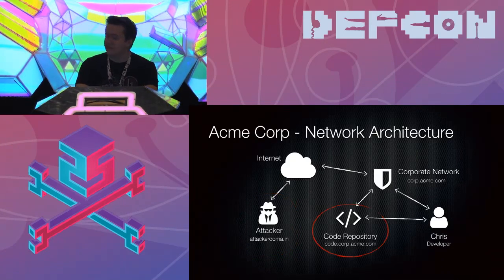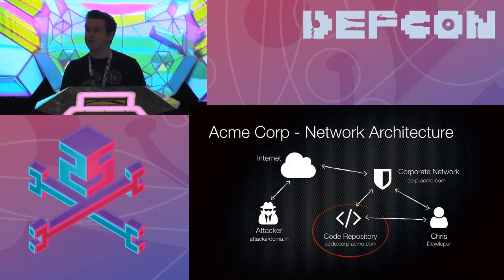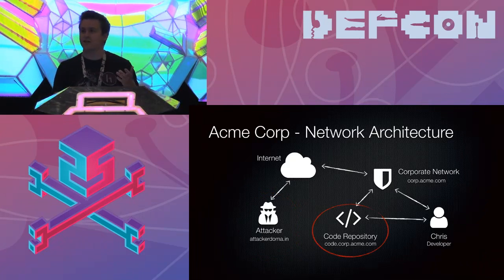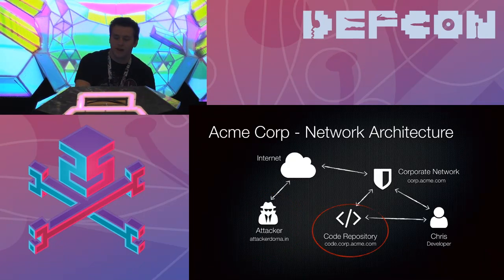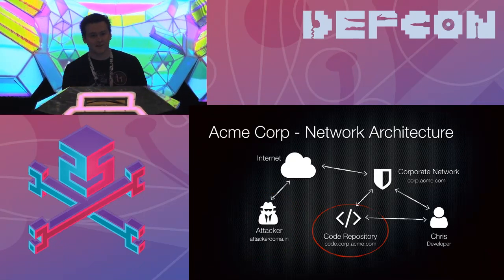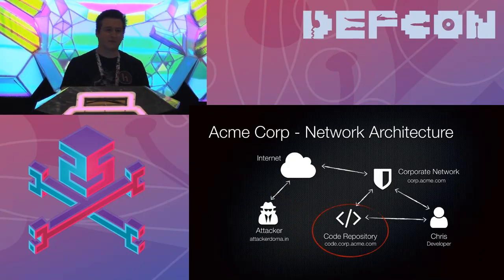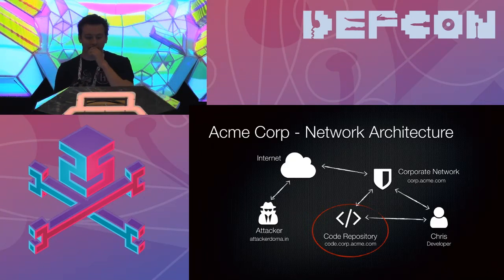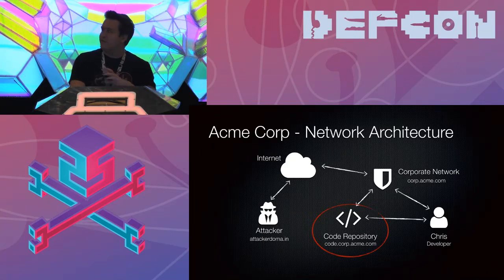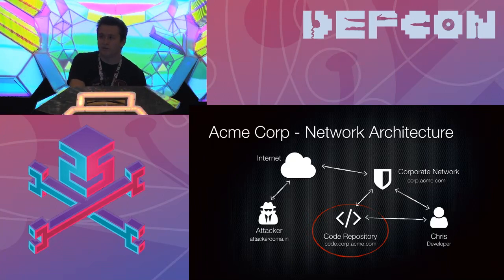For the sake of simplicity, we're going to assume that code.corp.acme.com has no authentication on it. So Acme had a long meeting with their single employee and decided they trust their one employee, and you have to be on the intranet in order to access this, so they're not going to put authentication on it. Now, this is just an example. This code repository could be anything lacking authentication on your internal network. It could be a wiki page containing company secrets.